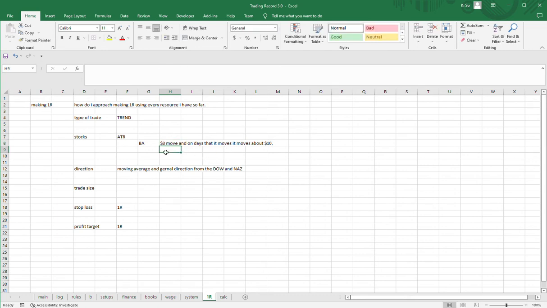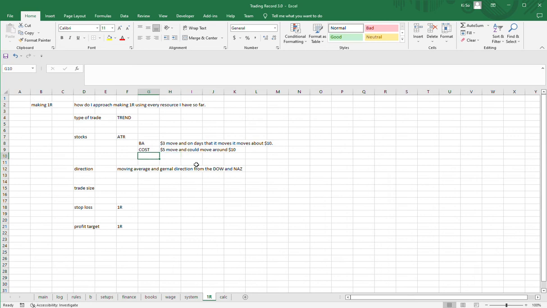Okay, that's how it moves. Now Costco, on the other hand, moves maybe $5 and could move around $10 each day. So if we're talking about the average true range of these stocks, that's what it would do.